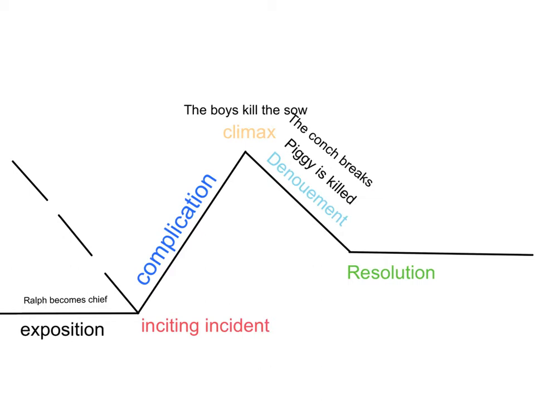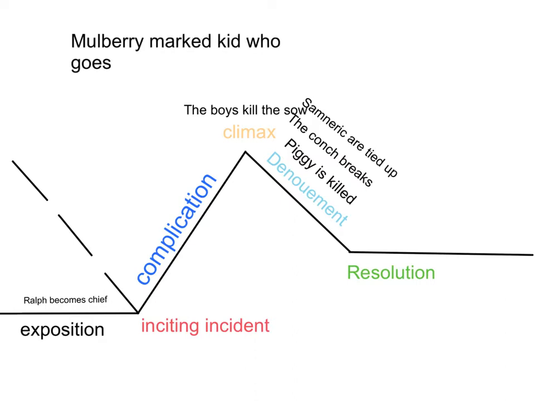You might see something along the lines of Sam and Eric are tied up. And as we know, that happens in, again, the denouement. Or there might be something about the Mulberry Mark kid who goes missing.